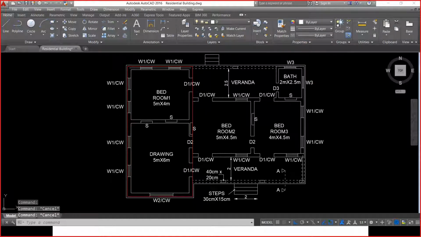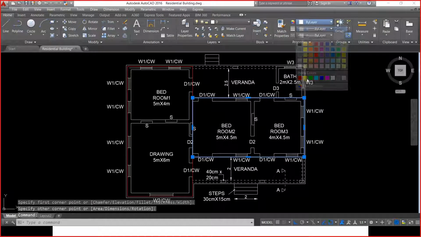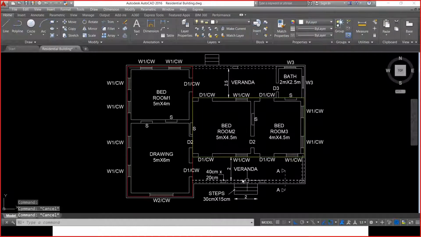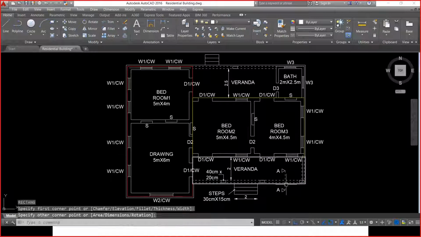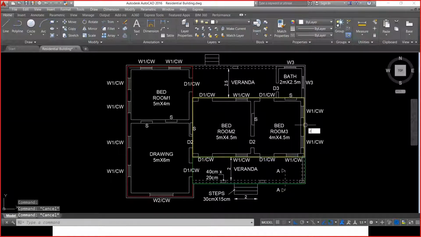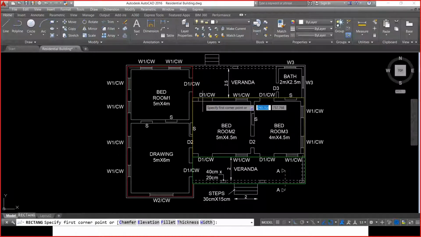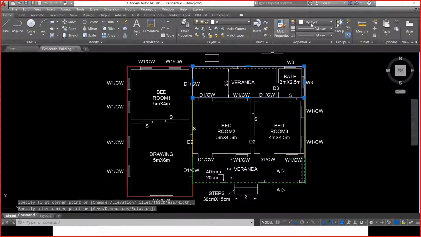So this is one area, this is another area number 2, this is area 3, and this is area 4.